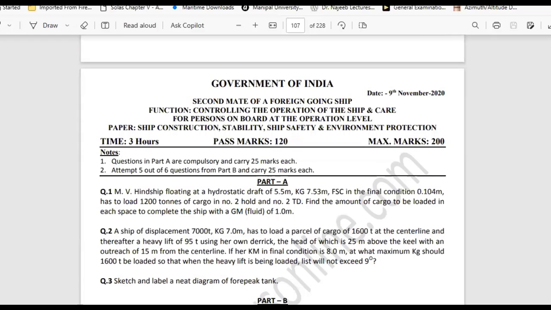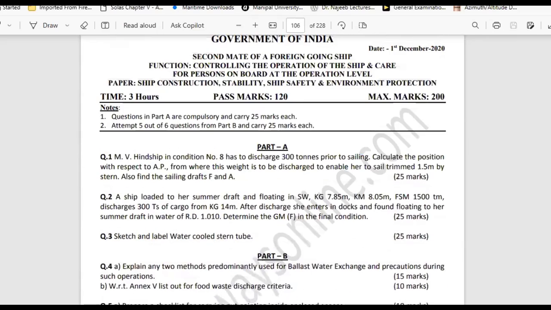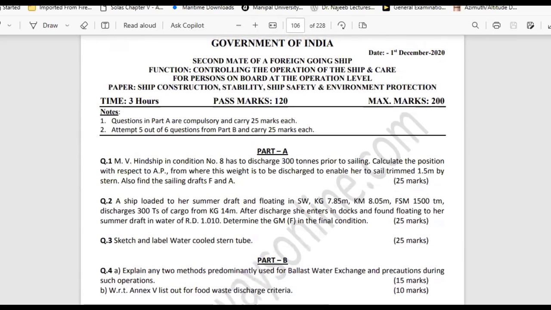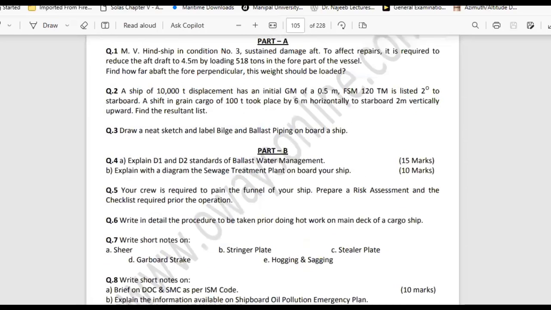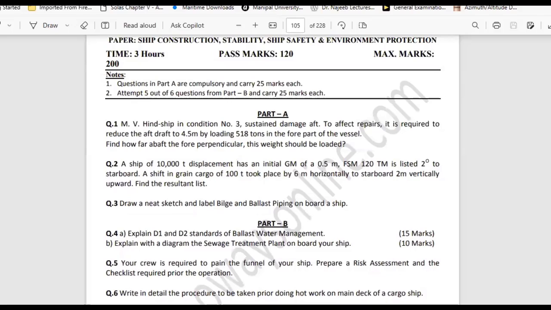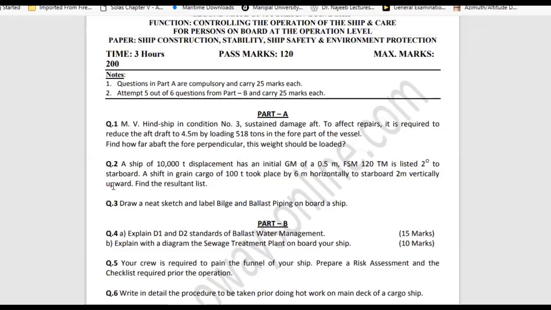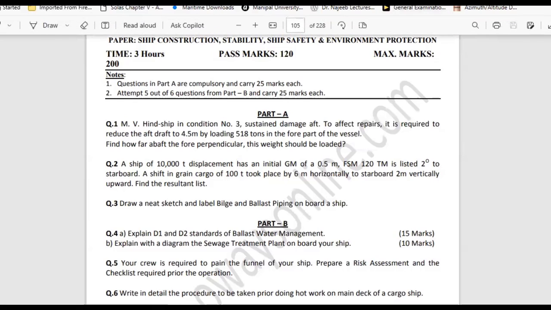Mostly the questions are related to heavy lift. Can we tackle some question? Yeah, we can tackle this question, question number 2. Okay, this is something that can be done. Let's see whether we can tackle it.